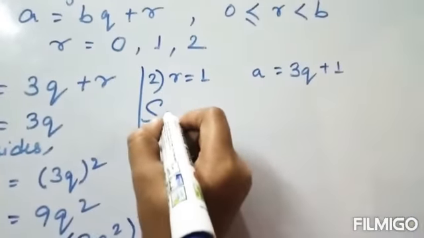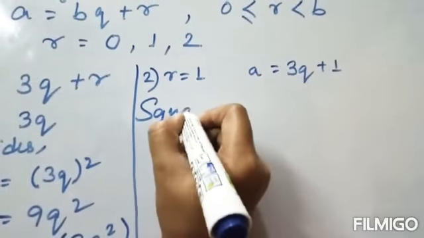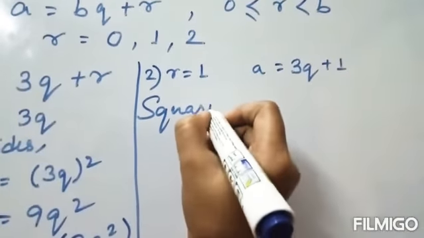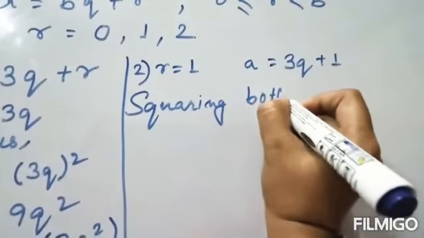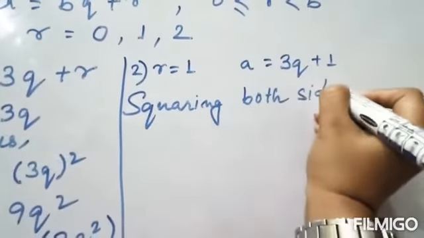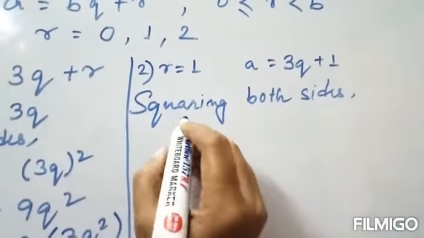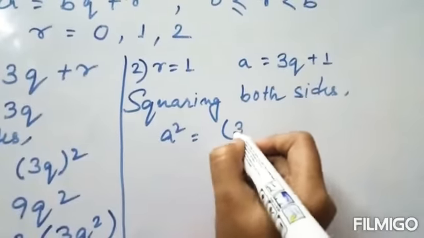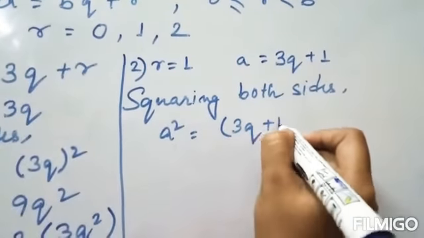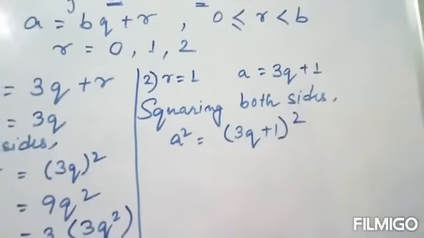Similarly, as we have been asked for the square, squaring both sides, what do we get? a square is equal to (3q plus 1) whole square, right?